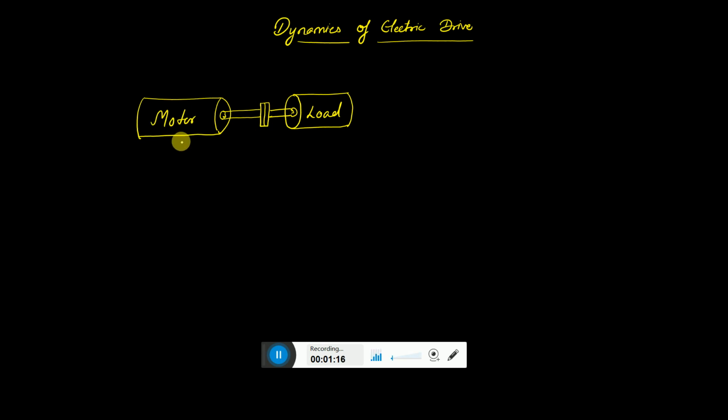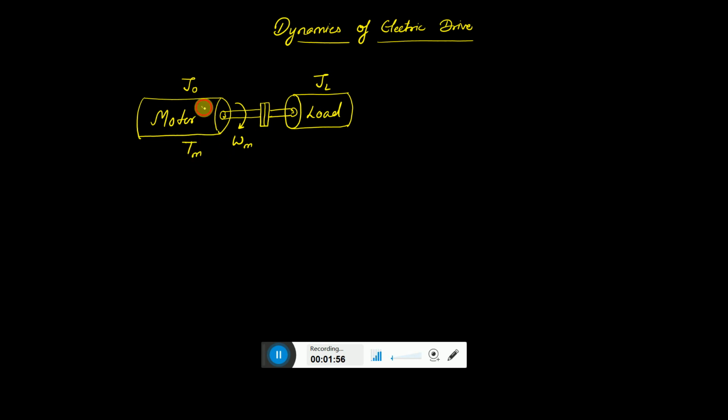Obviously a motor has some inertia, its own inertia, let it be J0, and the load also has some inertia, let us say JL, and the motor is giving an electromagnetic torque. Let us say it is trying to rotate in the clockwise direction with a speed of omega m, and the electromagnetic torque is Tm.